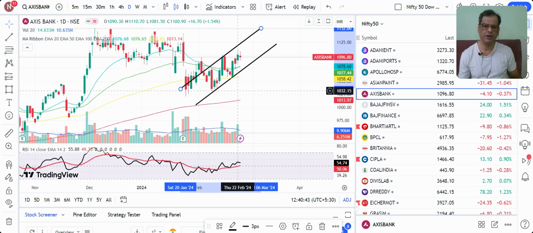This is one way to do it, and the second is to keep it in the system. If you keep it in the system, the intraday volatility will trigger your stop loss and you'll be out. There are pros and cons to each method, but that's for a different day and a different session.